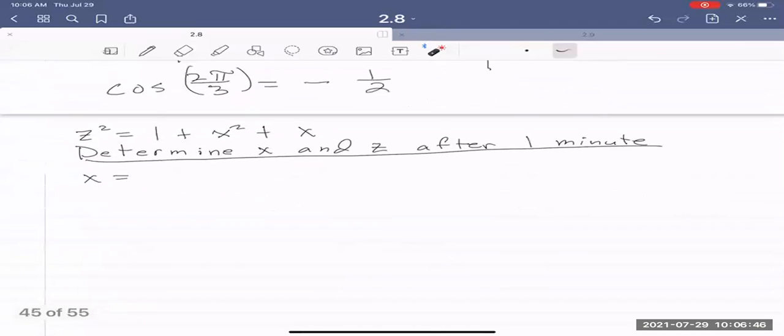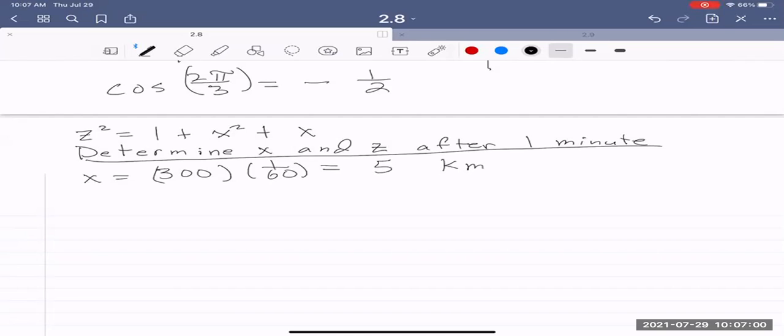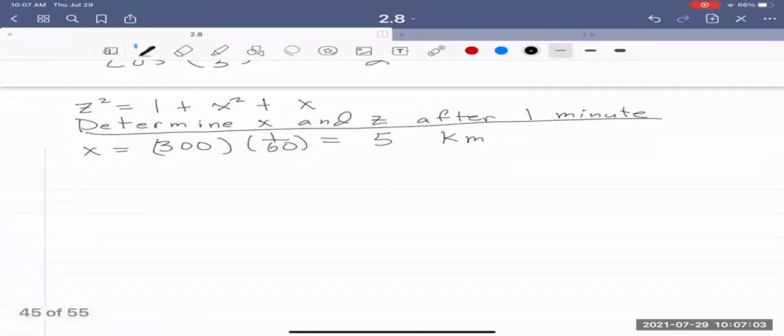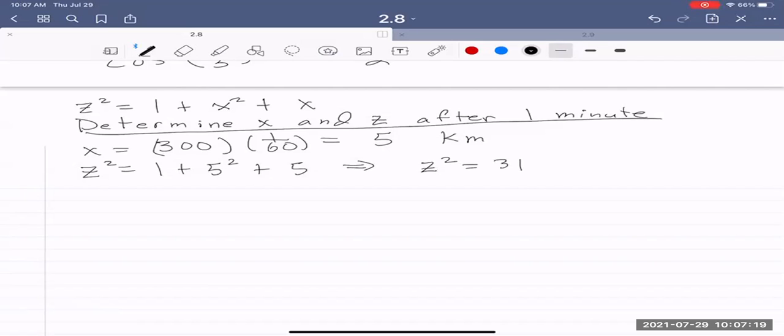So therefore, the distance that this has traveled is 1/60th of the 300, which is 5 kilometers. So let's figure out what Z is. Z is equal to the square root of 31 kilometers.